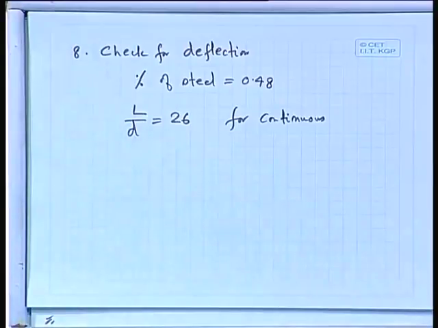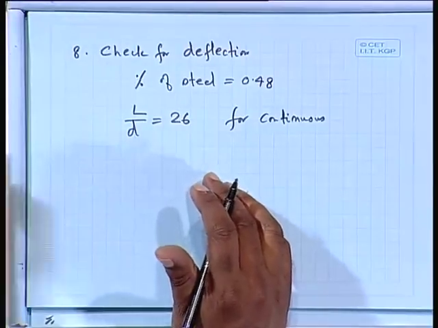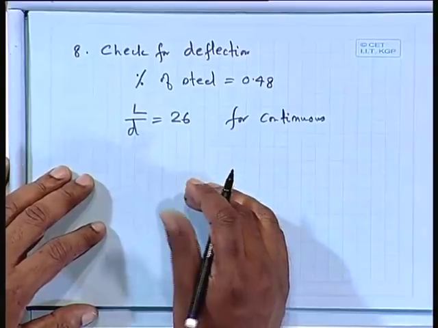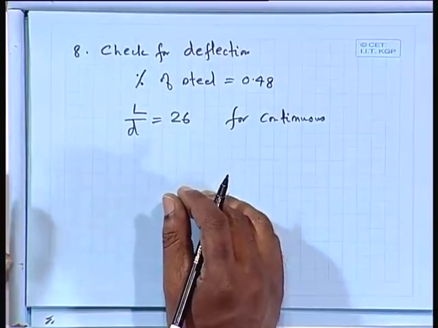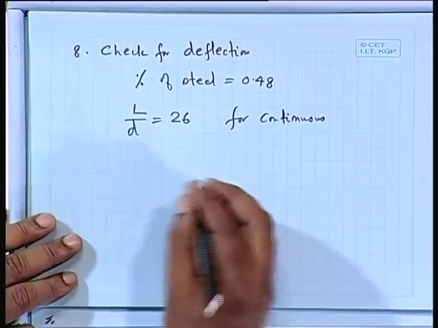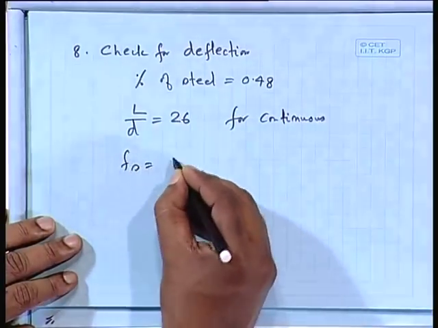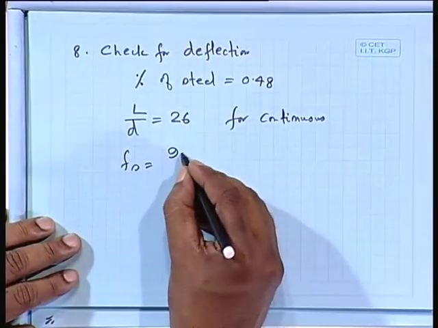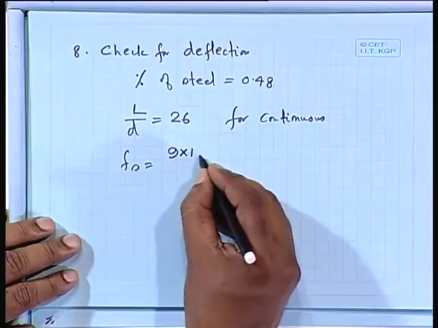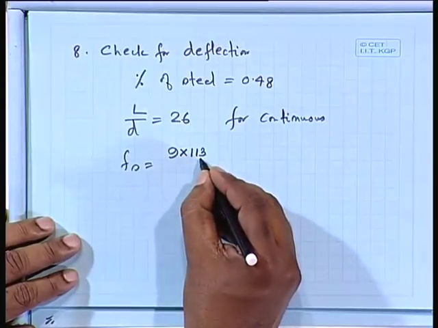Now, what about the modification factor? There are so many others, but I shall take it from figure 4. So, FS, we have used how many bars? 9 bars of 12 millimeter dia, each of them 113 square millimeter.